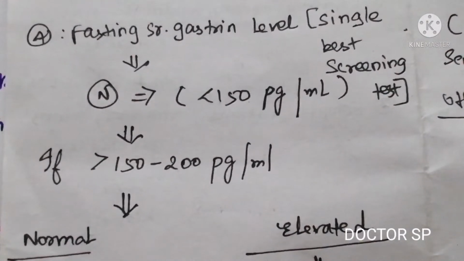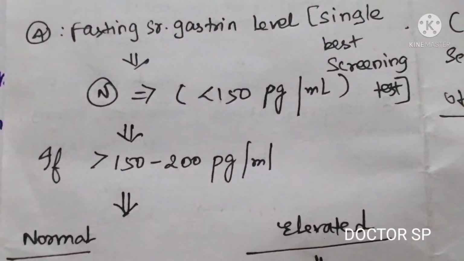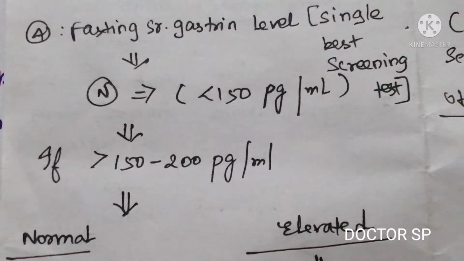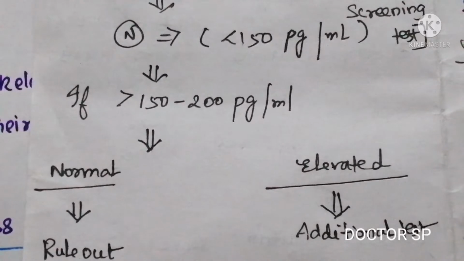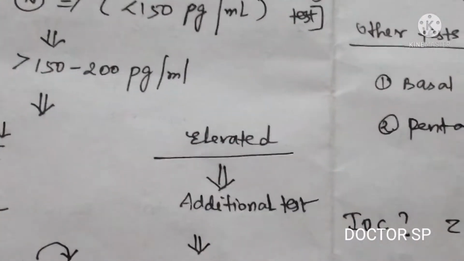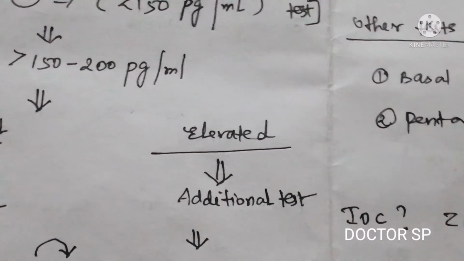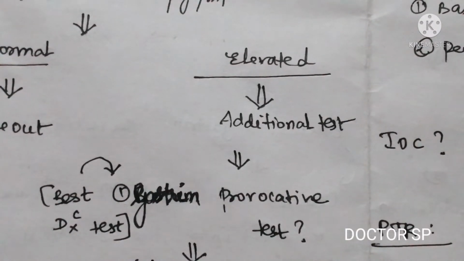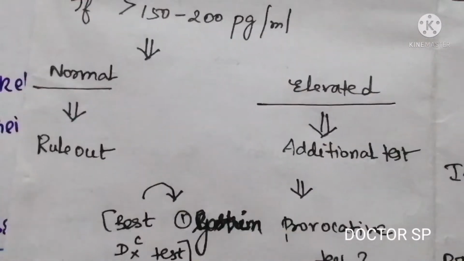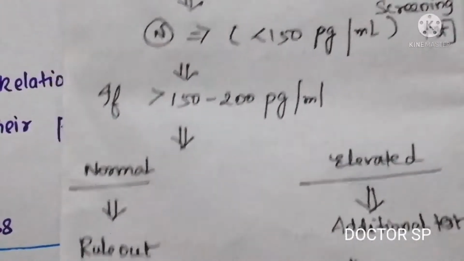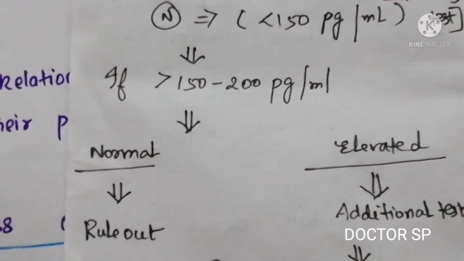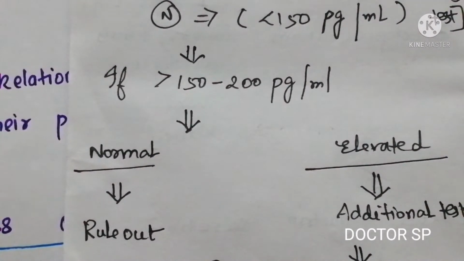If the fasting serum gastrin level is greater than 150 to 200 picogram per milliliter, that means the level is elevated, and we need to do an additional test, that is the gastrin provocative test. But if the fasting serum gastrin level is normal, we should rule out Zollinger-Ellison syndrome.